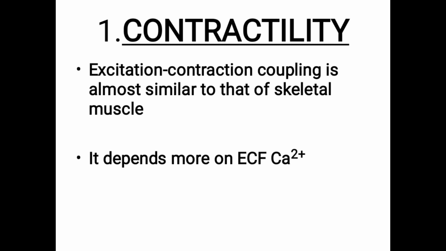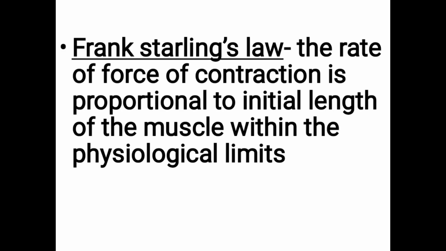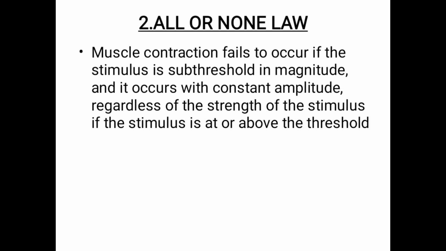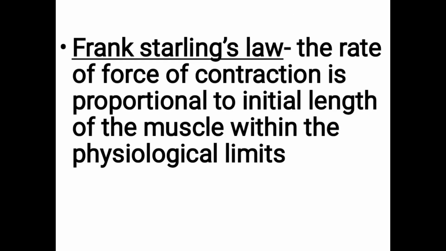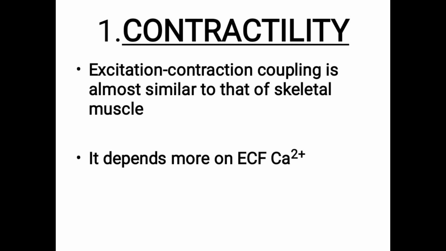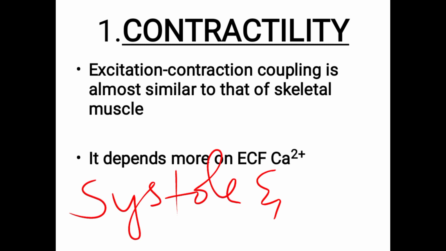Any type of muscle, if stimulated, will show a response in the form of muscle contraction. The atrial and ventricular contractile phase is known as systole and the relaxation phase is known as diastole. So contractility mainly contains two phases: systole and diastole.